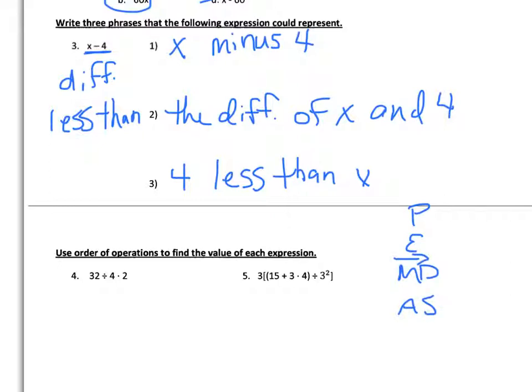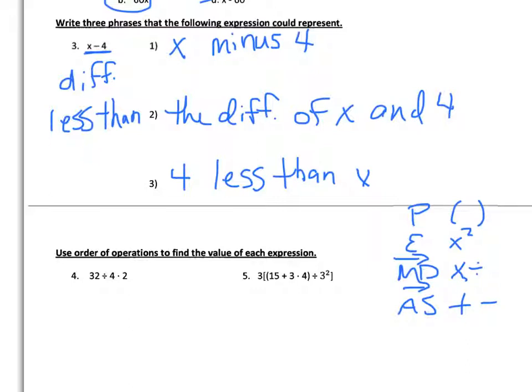And then we add the line. So this one shows parentheses. This is going to be our exponents. This is multiply and divide, whichever comes first from left to right. And then this is your add or subtract, again, whichever comes first from left to right.